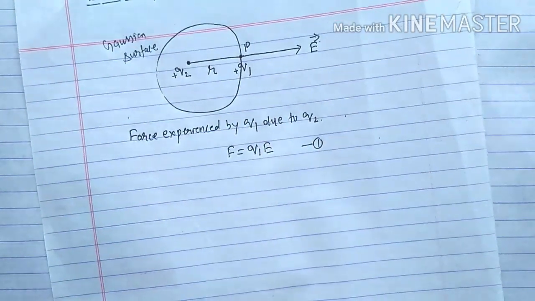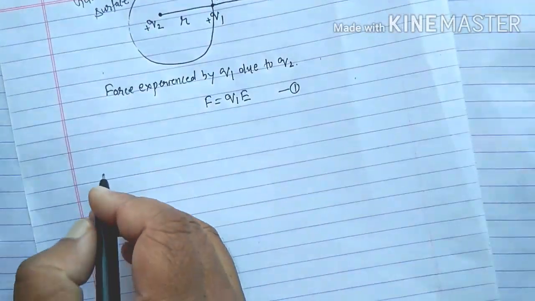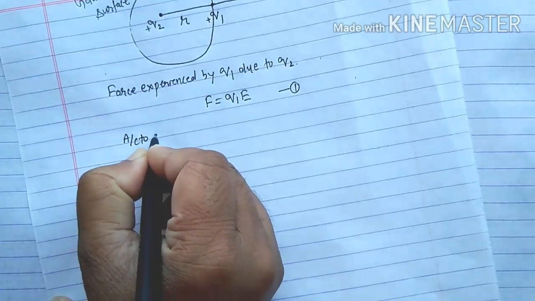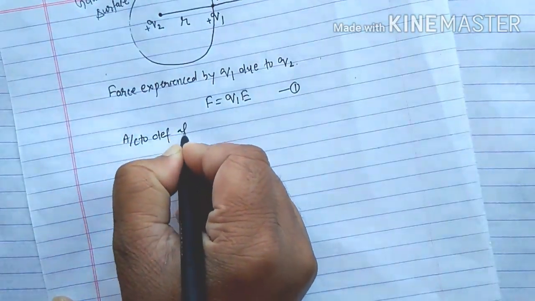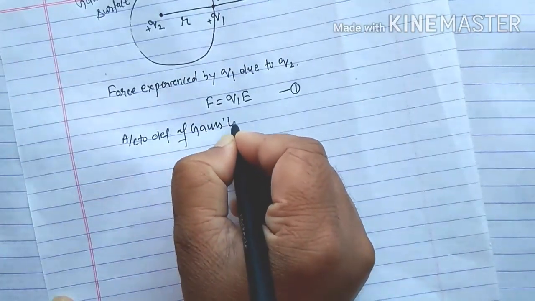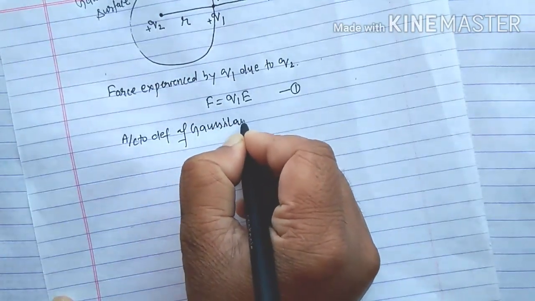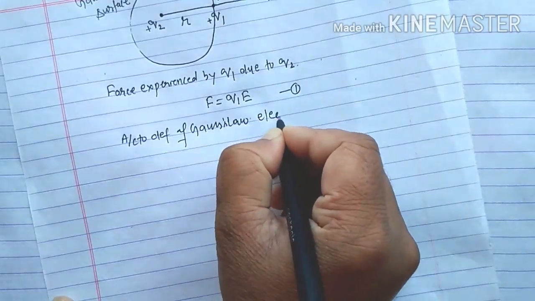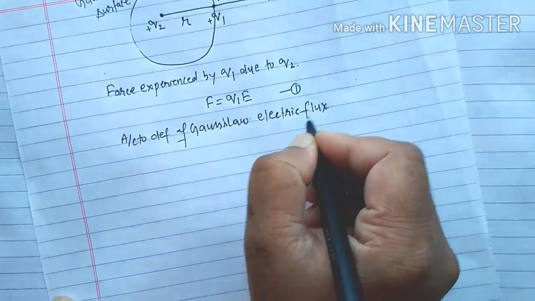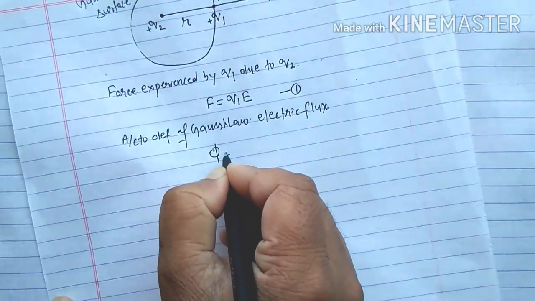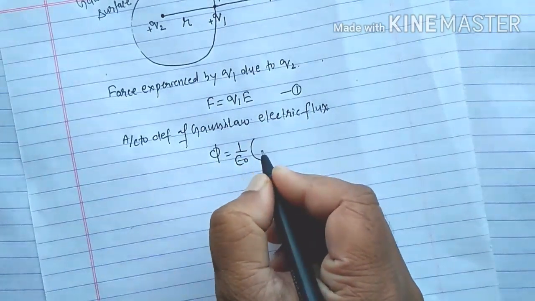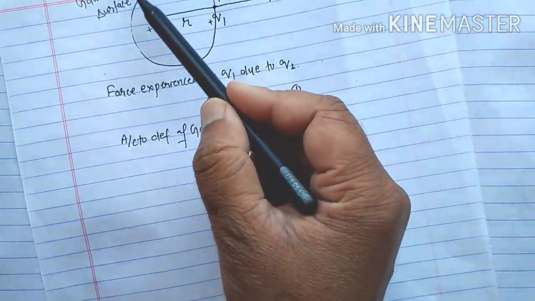So according to definition of Gauss law, electric flux phi E is equal to 1 upon epsilon naught times total charge enclosed in that Gaussian surface.